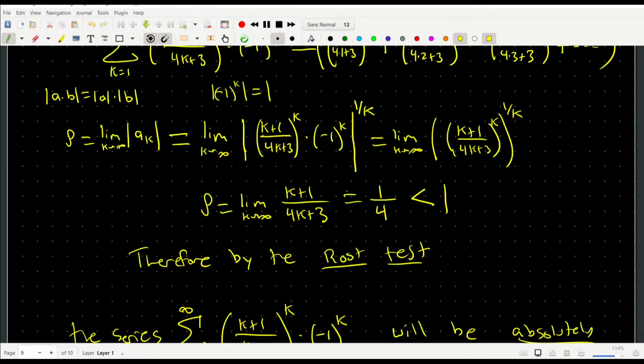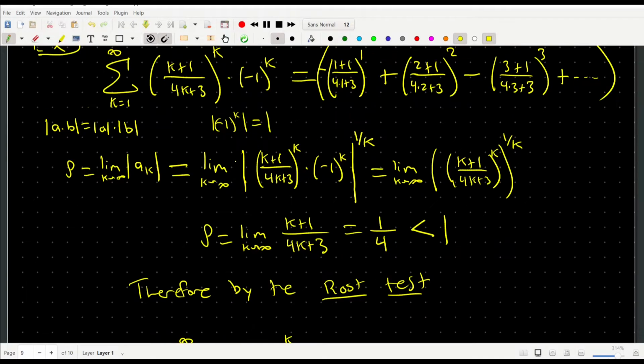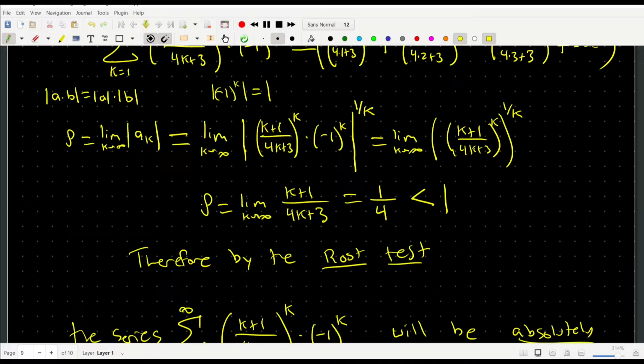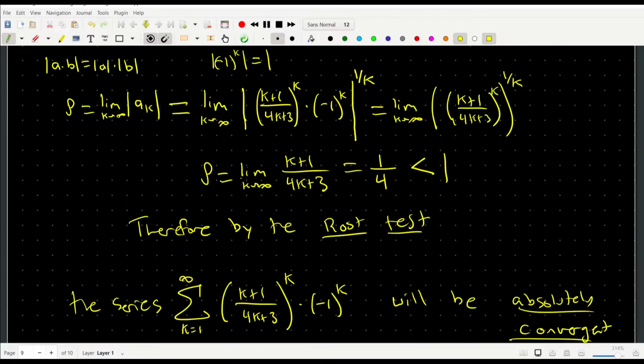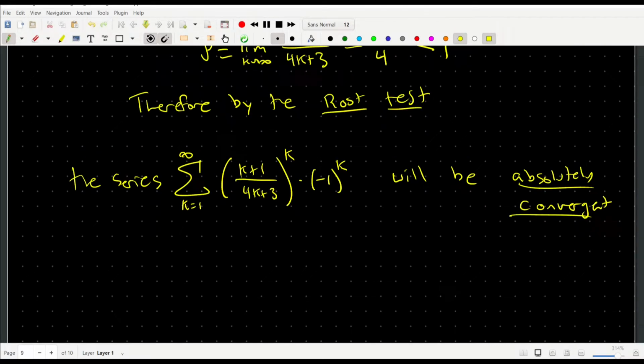Whereas for the example we did earlier, the sum of absolute values, when k is very large, behaves like a geometric series with an r value of 1/4, which converges. So this is why this is a very useful and powerful test to evaluate convergence or divergence.